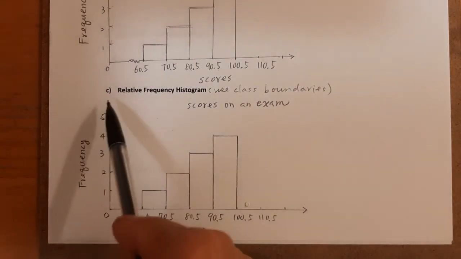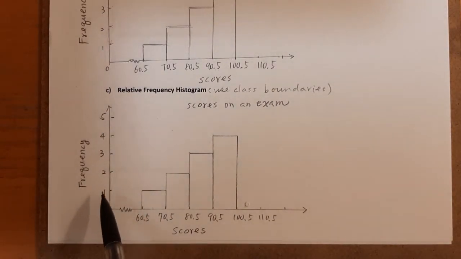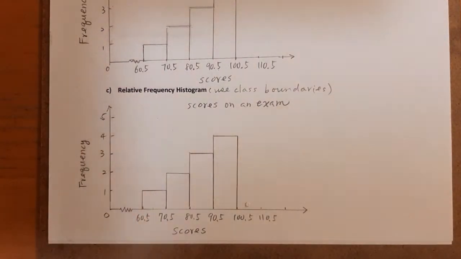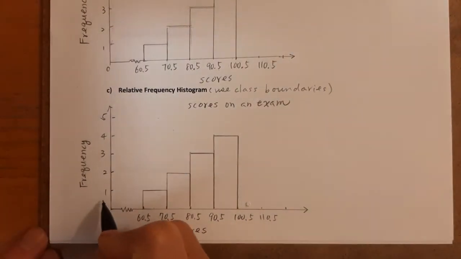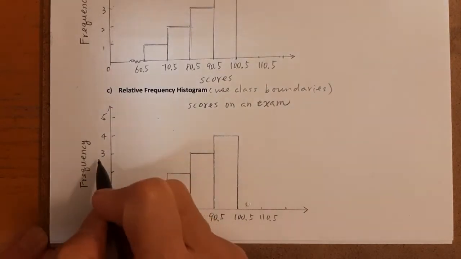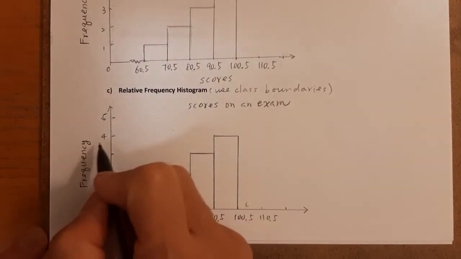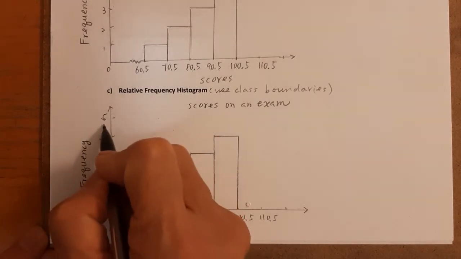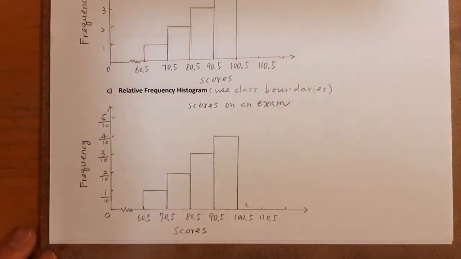On the vertical, indicate 1, 2, 3, 4, 5. But this time it's 1 out of 10, 2 out of 10, 3 over 10, 4 over 10, 5 over 10, because we are going to use relative frequency.